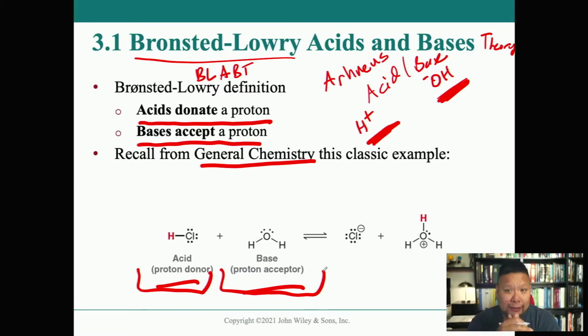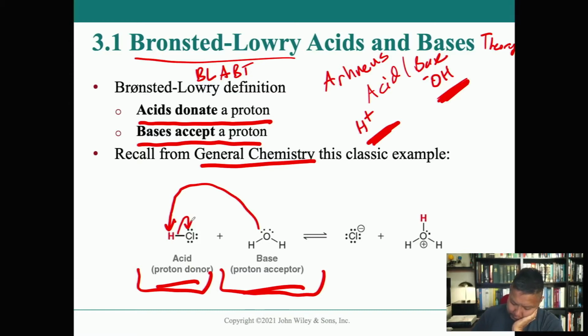A lot of the reactions that we'll be going over will be acid-base type reactions, so you have to know your electron pushing, right? In this case, it will be the electrons right here from the oxygen that come over and take that proton. And then the bond between the hydrogen and the chlorine from hydrochloric acid goes to the chlorine.